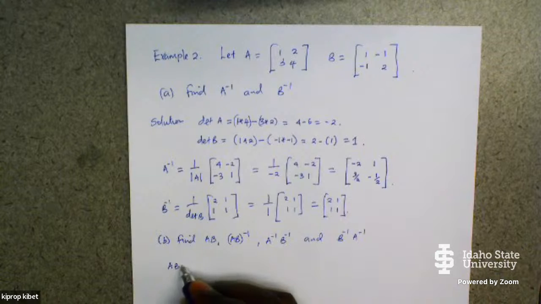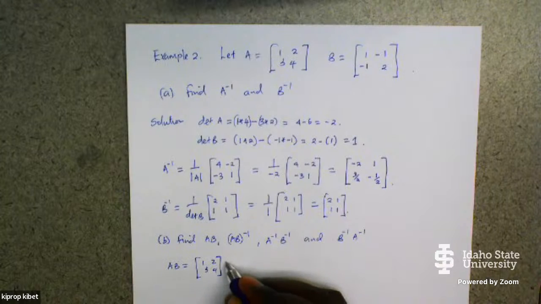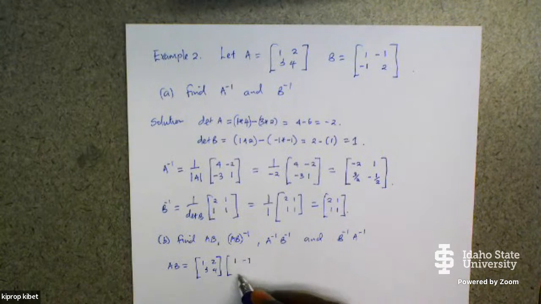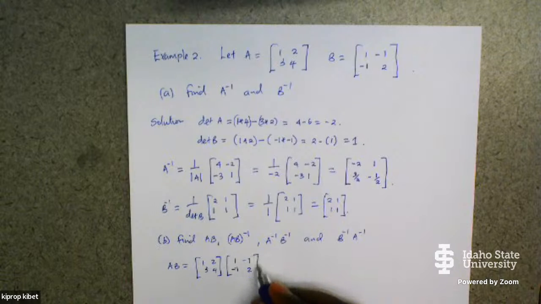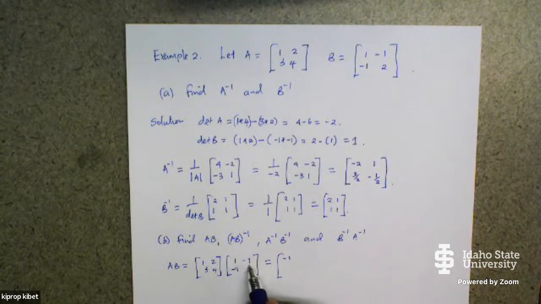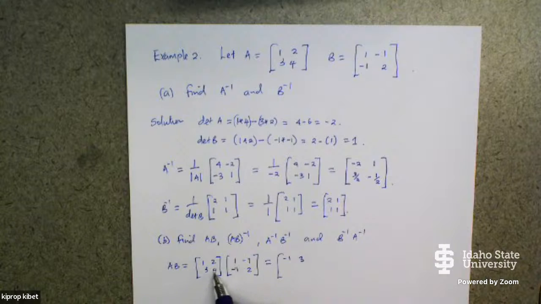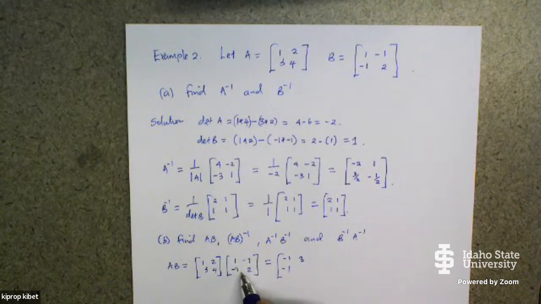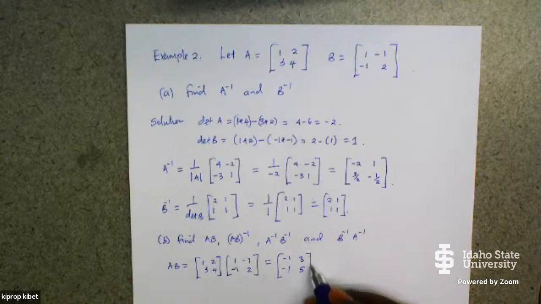AB equals 1, 2, 3, 4 multiplied by 1, -1, -1, 2, which gives us 1 minus 2 is -1, -1 plus 4 is 3, 3 minus 4 is -1, and then -3 plus 8 is 5.